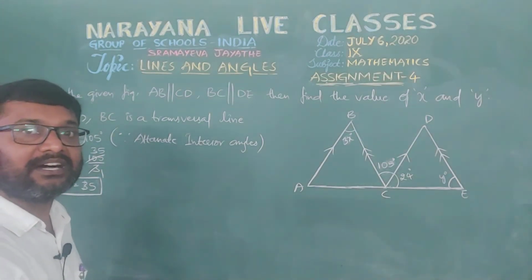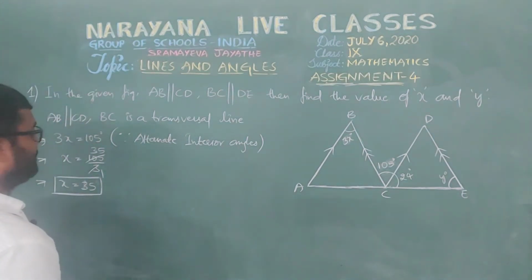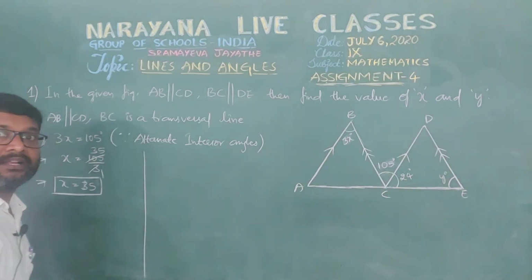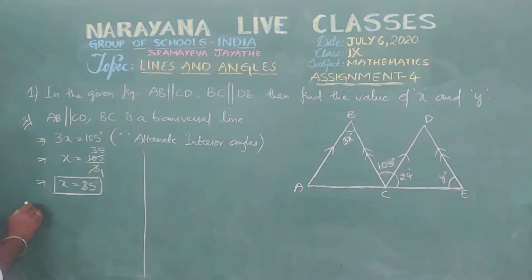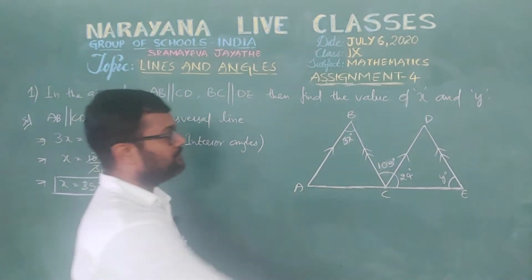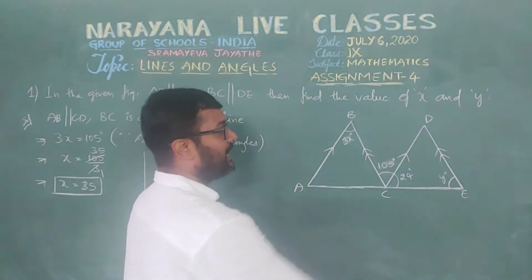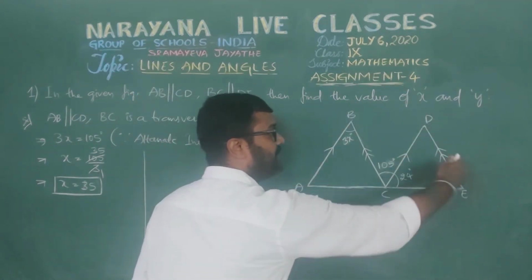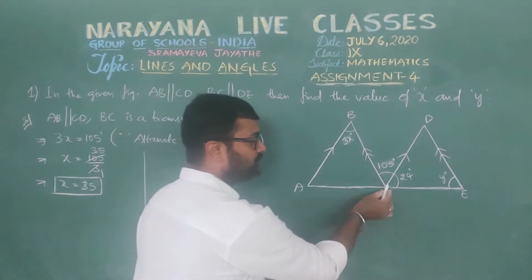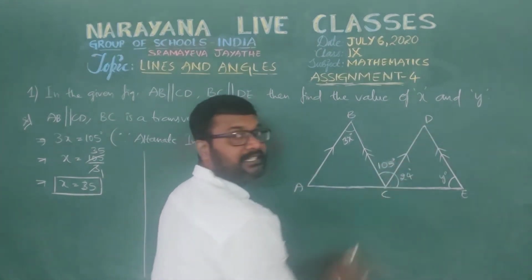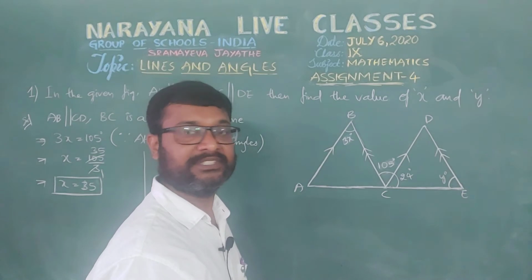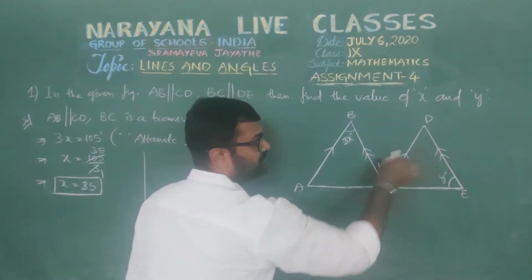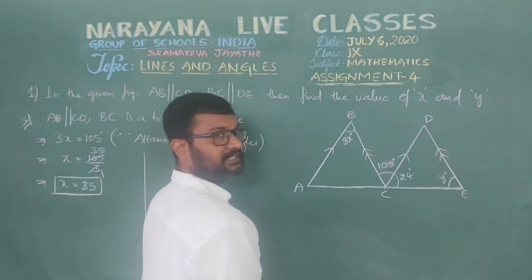Then we need to find the value of y. See here. Now take BC and DE. BC is parallel to DE. Then if you observe, the CD line is a transversal line for both these two parallel lines, isn't it?